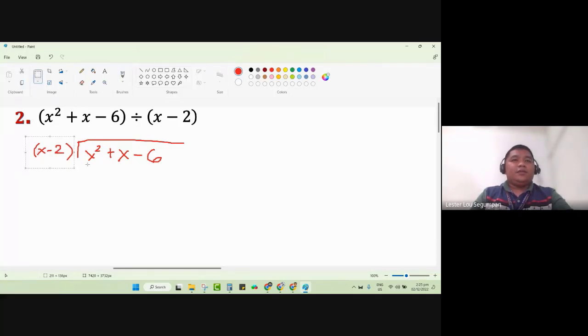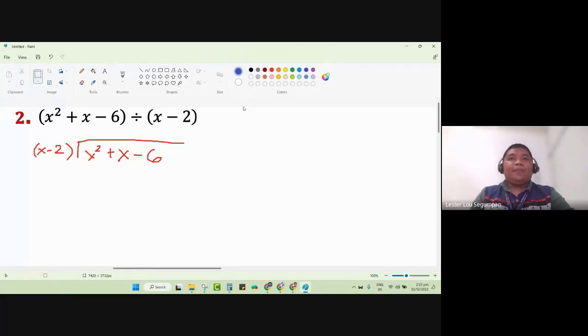So this is the process. To solve this, we just need to follow the four-step process until we finish everything. So let us proceed to the processes.